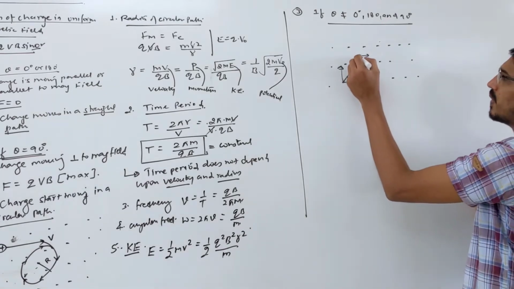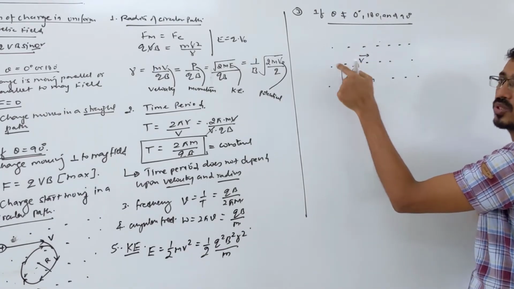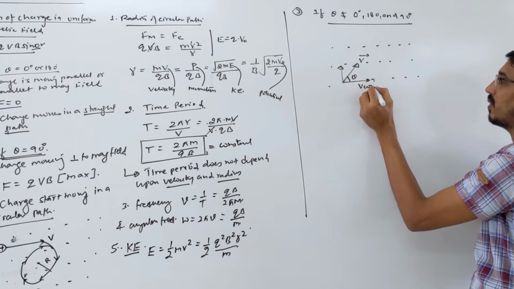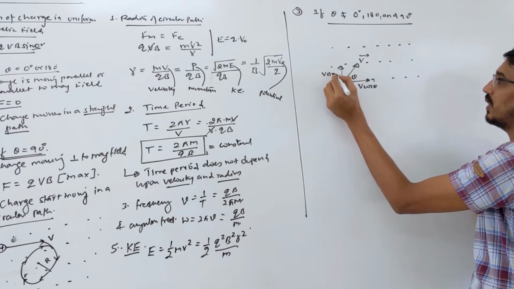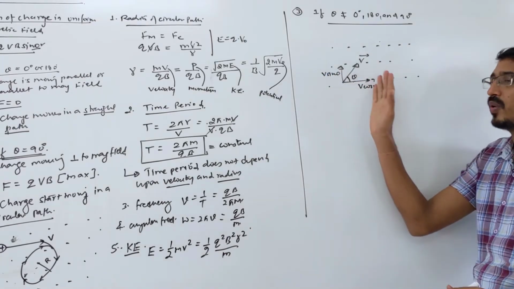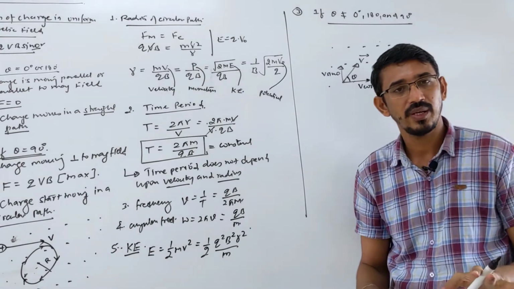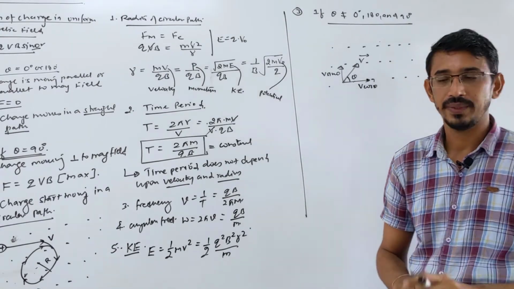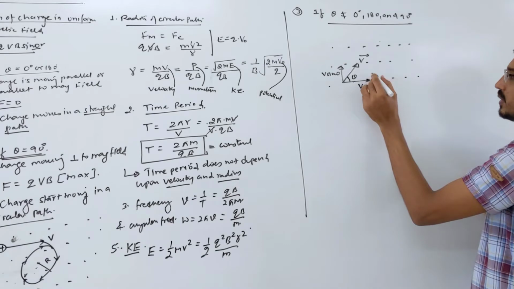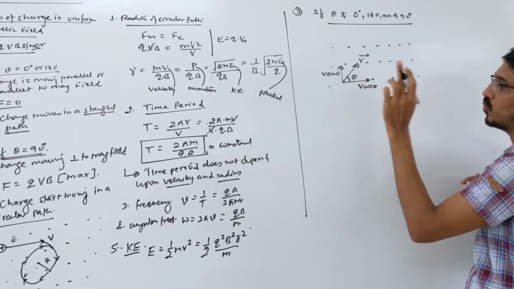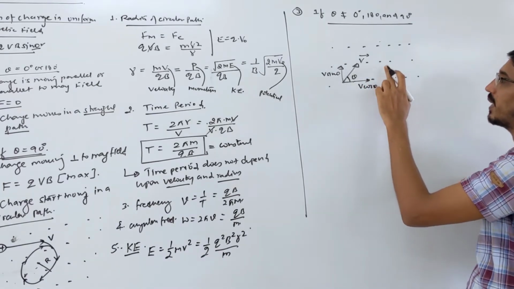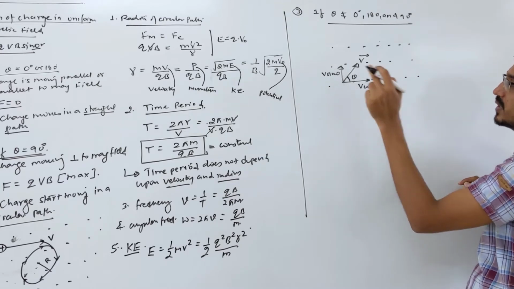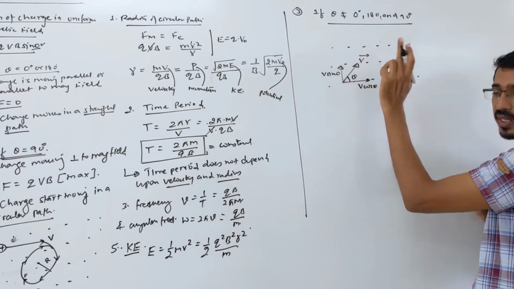So this is velocity. What I do is break this into two components. This component is called the V cos theta component, and this component is called the V sin theta component. One component will be parallel to the magnetic field, one component will be perpendicular. Actually this arrow is outward, I cannot show it on the board here. Magnetic field outward, this component outward, and this component is perpendicular to the magnetic field.